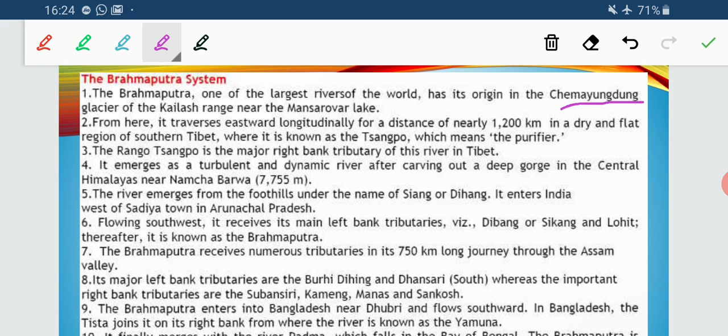still in the Tibetan part, and it is a dry and flat region of southern Tibet. There it is known as Sangpo.